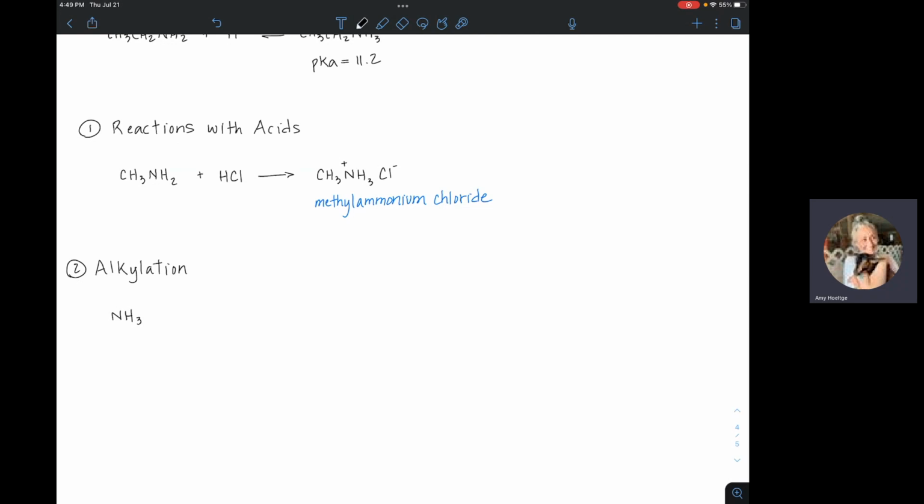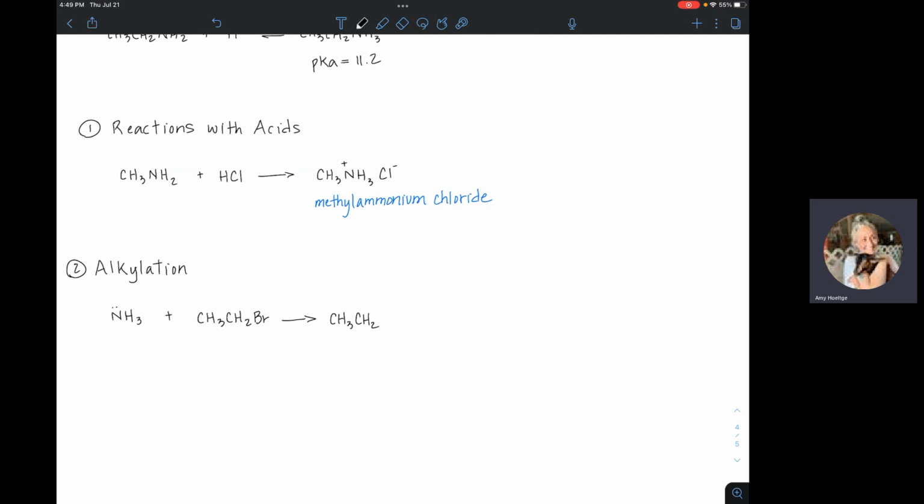So in this case, I'll alkylate ammonia by allowing it to react with an alkyl halide. So again, this acts as a nucleophile. It's going to do, in this particular case, an SN2 reaction, so a backside attack on the electrophilic carbon in ethyl bromide. Bromide is going to leave.